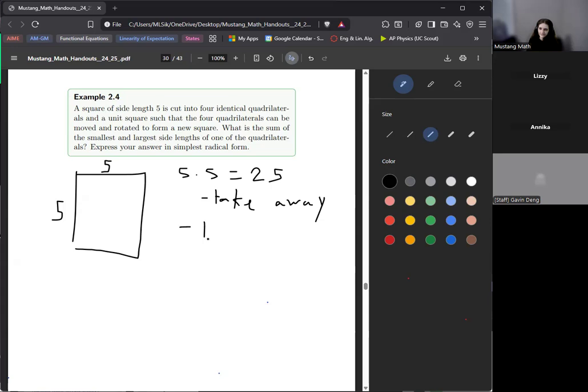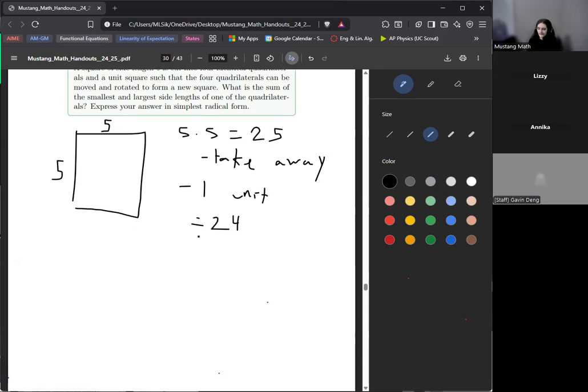So first of all, we have minus 1 from the unit square, leaving us with 24. And so we know that each of these... I think you're on the right track somewhat.